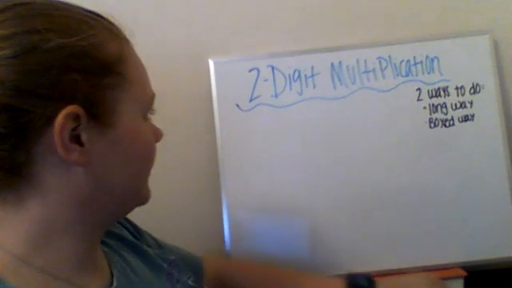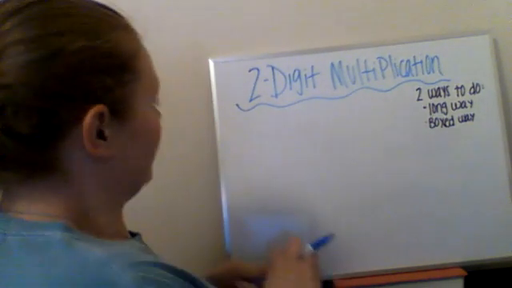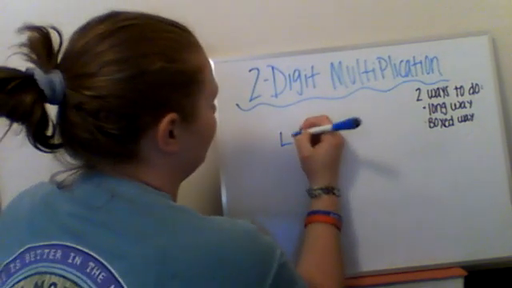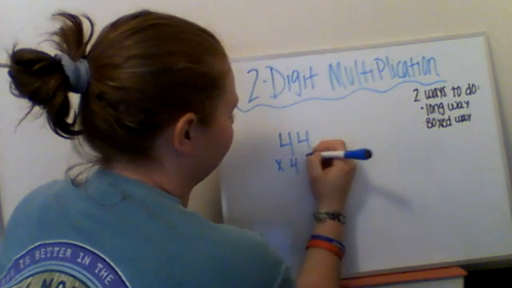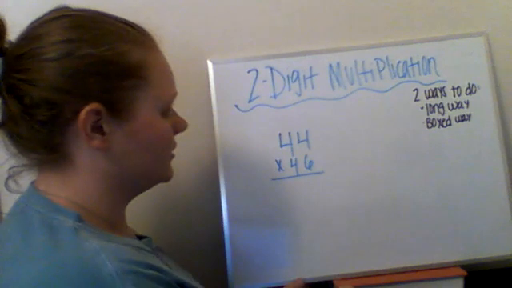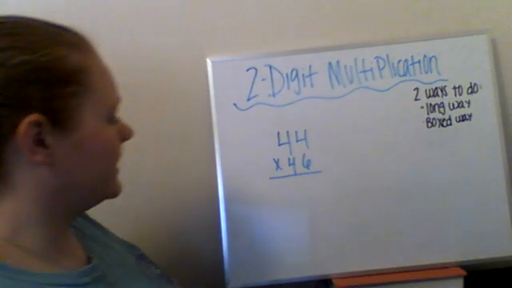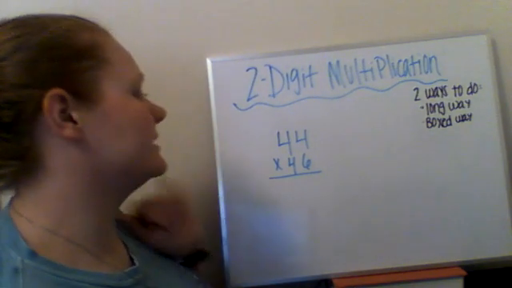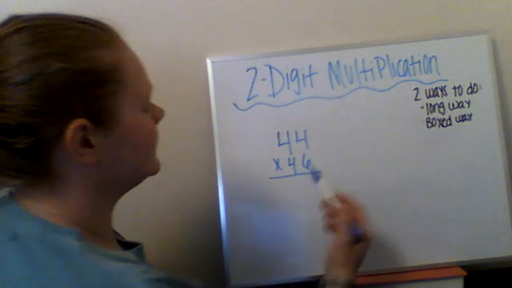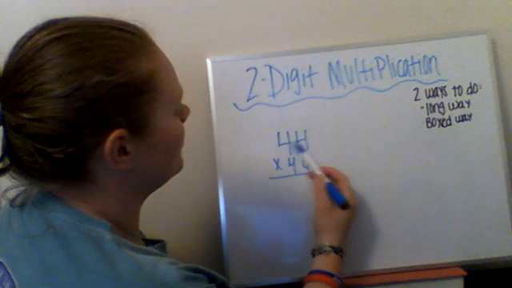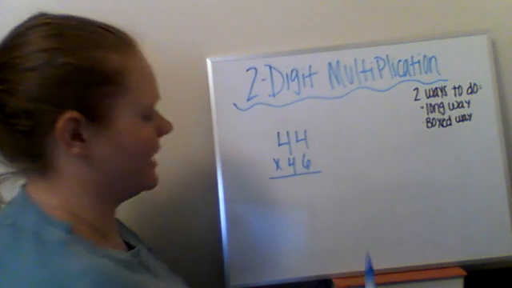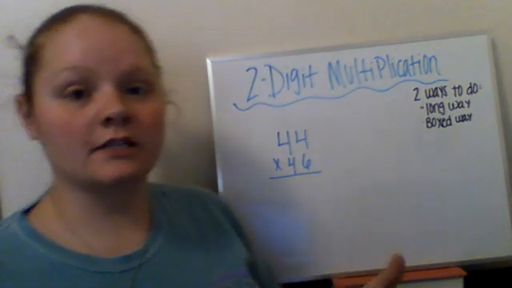So if I put up, let's do 44 times 46. In this problem, you see 44 times 46. What this is saying is you're going to multiply 44 by 6 and then 44 by 40. That is the two ways you see this.